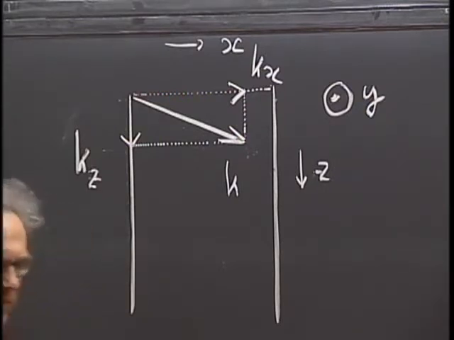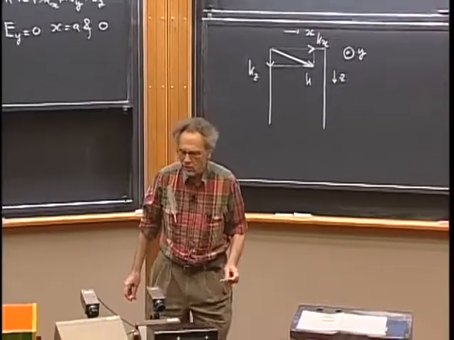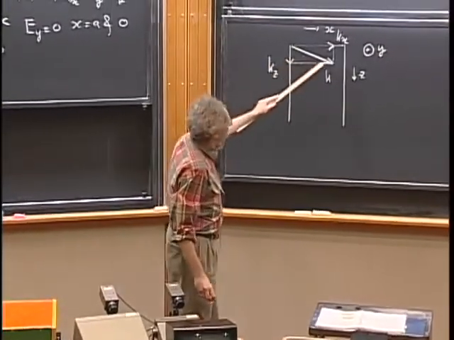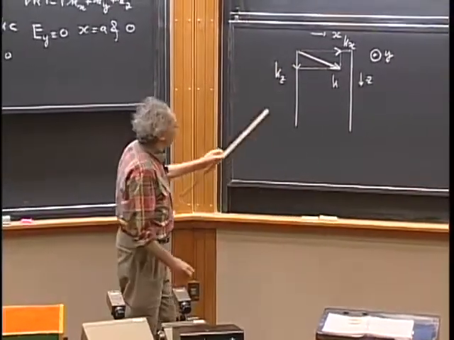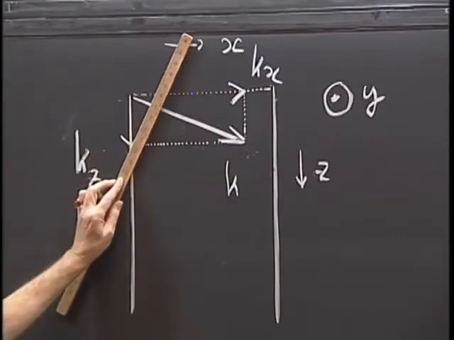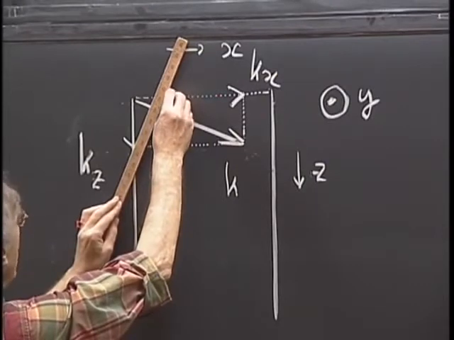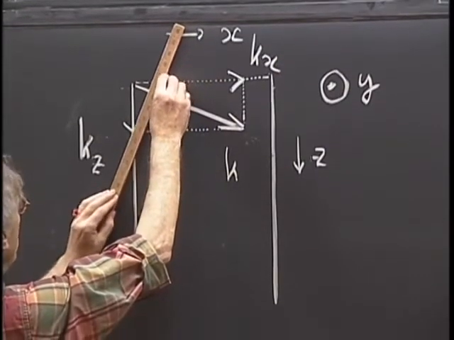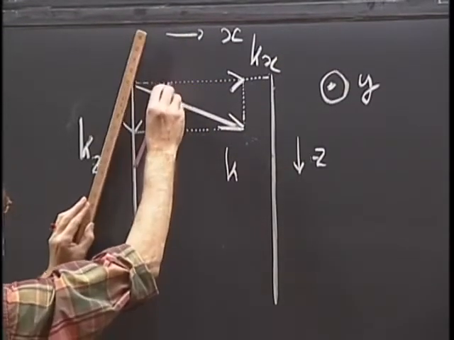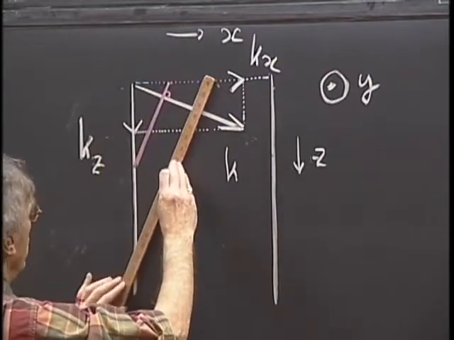The waves, and think of them as water waves as far as I'm concerned, so this is the direction of propagation in the gap. The water waves would be perpendicular to the direction of propagation, which are the planes with constant E fields. I'm going to put one in here. So this is 90 degrees. And I'm going to put another one in here.